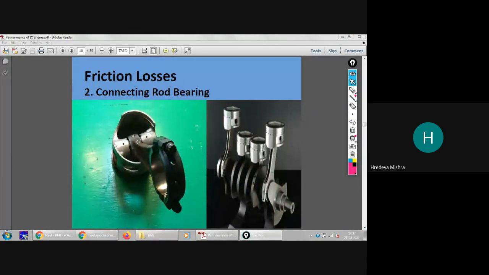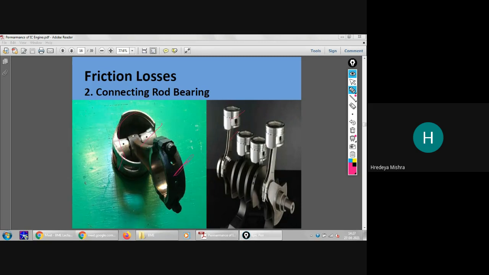Now here is your piston, this is your connecting rod, and this is the I section of the connecting rod.